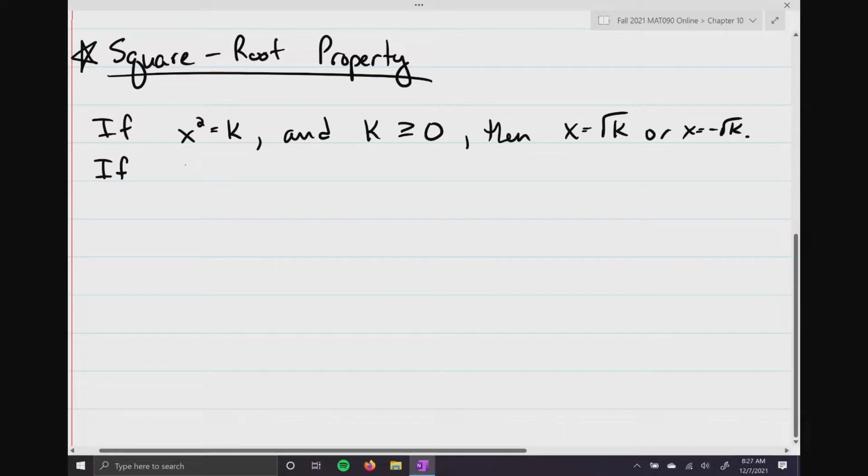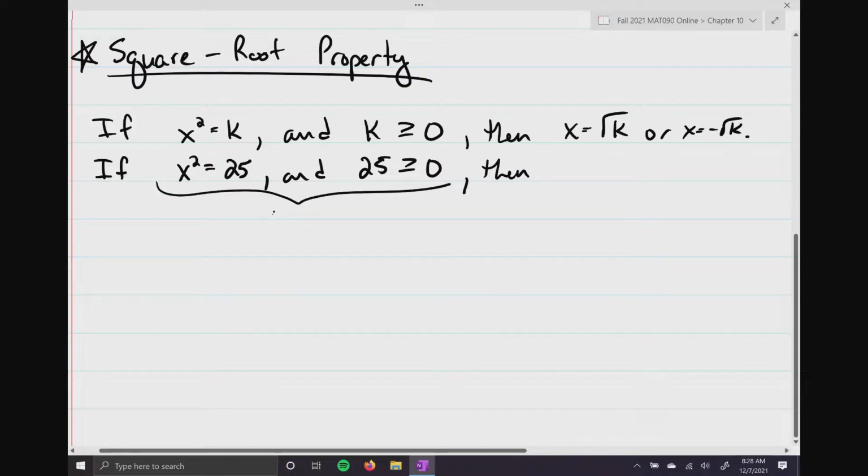If, let's say, x squared equals 25, and 25 is definitely greater than or equal to 0, like we know that. So notice, here's our condition, all right? And we meet that. We can say yes. We've met this condition.